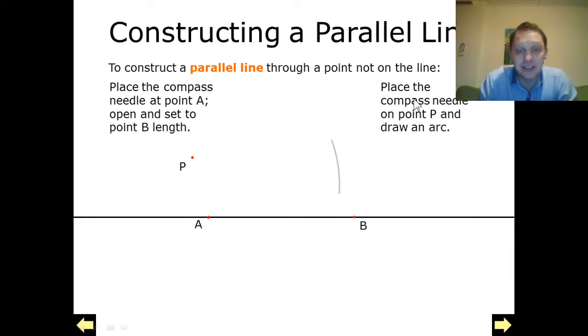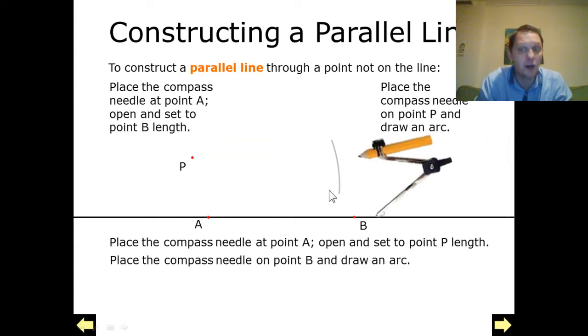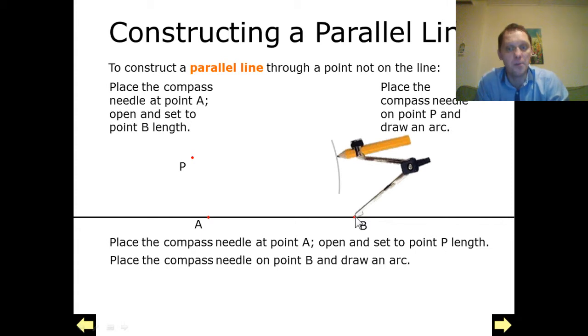Now, the next thing that we need to do is take our compass, put the compass back on one of the points that we chose, the first point that we chose originally, and open up the compass so the pencil is on the point that was given to us to create our parallel line. Now we're going to keep the compass the exact same, and we're going to put the compass on the other point that we made, point B, and we are going to draw an arc so it crosses the arc created originally.